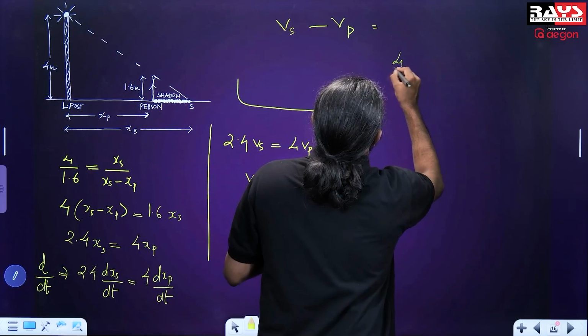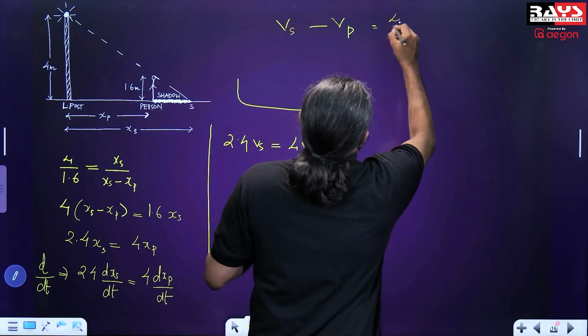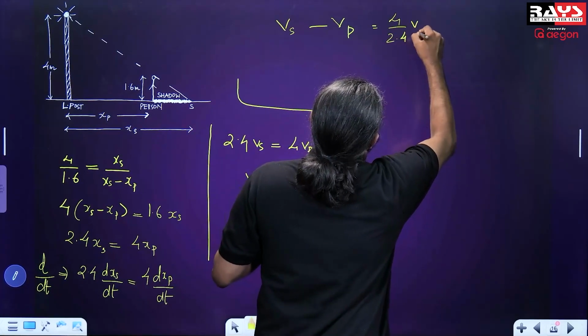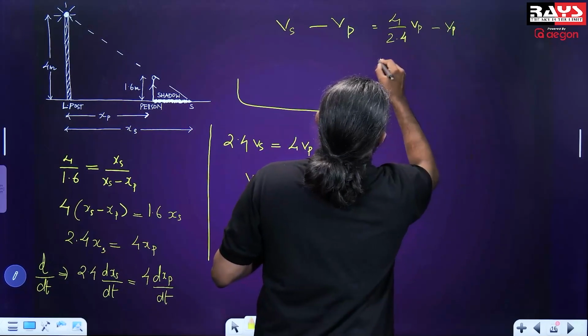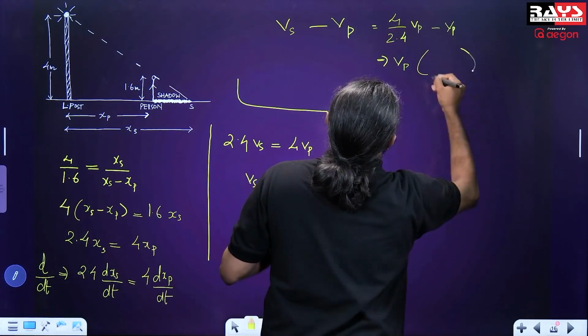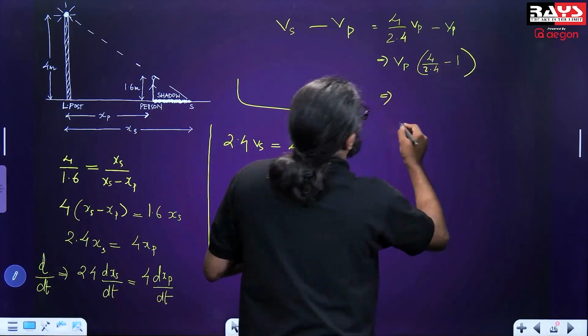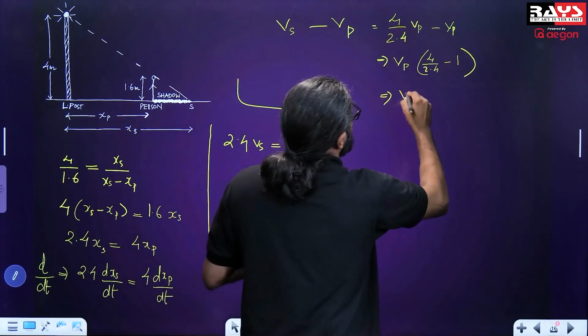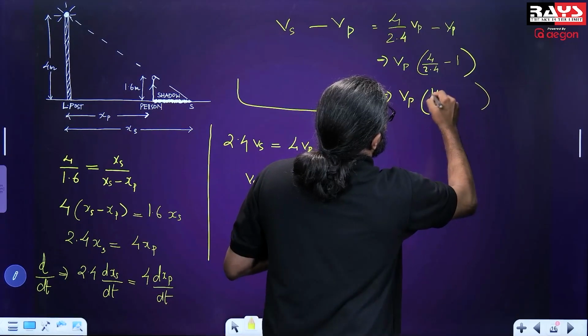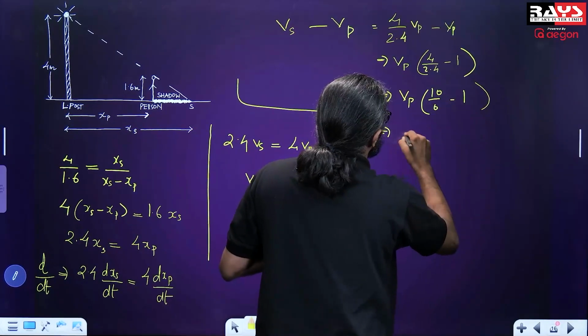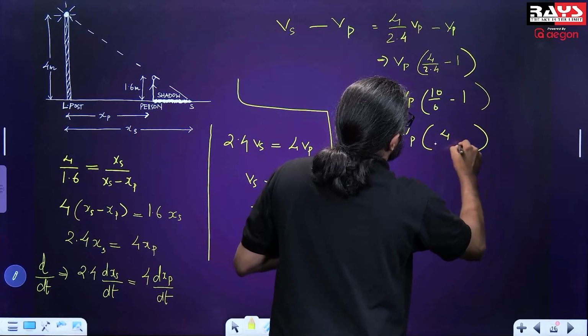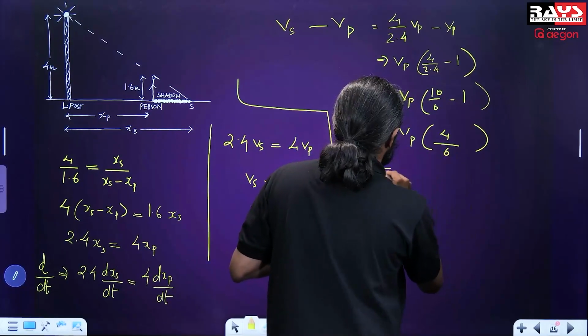So we have 4 divided by 2.4 vp minus vp here, that is basically vp multiplied with (4 by 2.4 minus 1). That basically is vp into (10 by 6 minus 1), that is vp into 4 by 6.